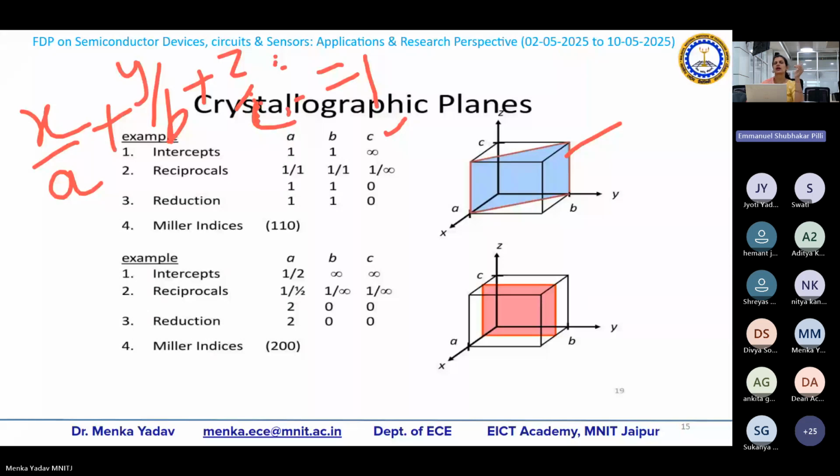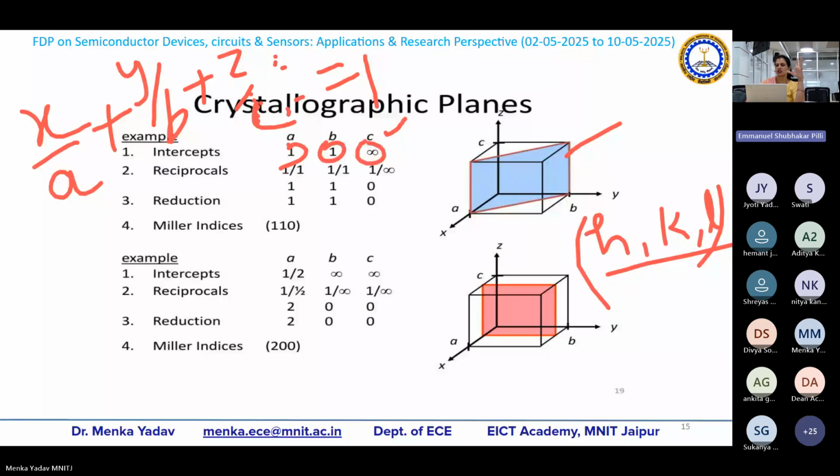So if I take the reciprocal of these intercepts, then I can represent them as the Miller indices, and I will represent them with H, K, L. Just take the inverse of these A, B, C, and these are nothing but the Miller indices.